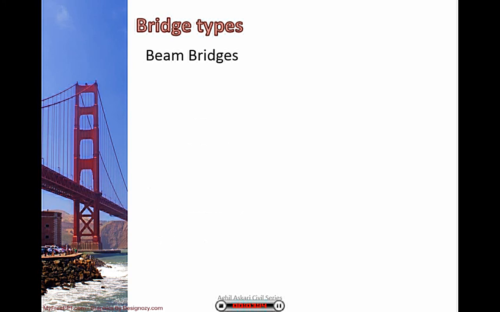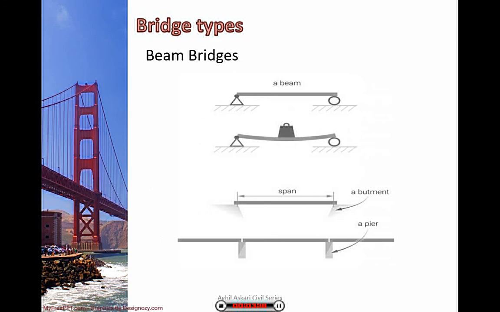Okay, I start with the first type, beam bridge. A beam bridge is one of the simplest types of bridge. The deck area traditionally consists of wood, plank, or stone slabs. These are supported either side by 2 beams running between abutments or piers. Very often you will find other beams positioned in between the main beams, offering additional support and stability.